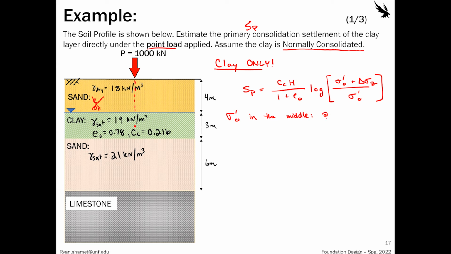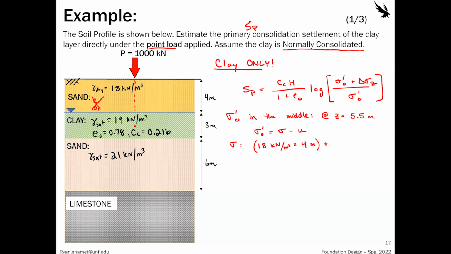So this is at Z equal to 4 plus 1.5, 5.5 meters down. Recall that the vertical effective stress is equal to the total stress minus the pore water pressure. For the total stress, we know that this is just the sum of all of the densities and heights above our point of interest. So we have our unit weight from our sand layer times the height of that sand layer, so 4 meters.